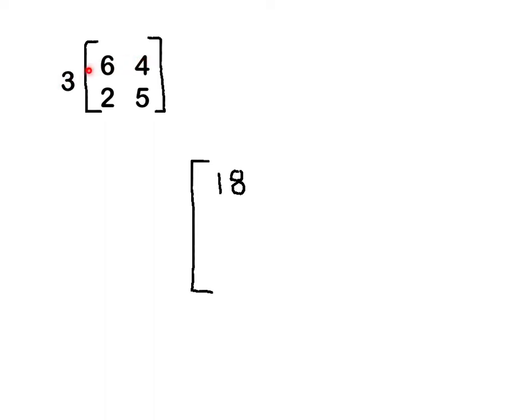Our second one, let's do 3 times 4, which would be 12. Next, let's do 3 times 2, 6, and 3 times 5, 15. And that's how we multiply a matrix by a scalar.